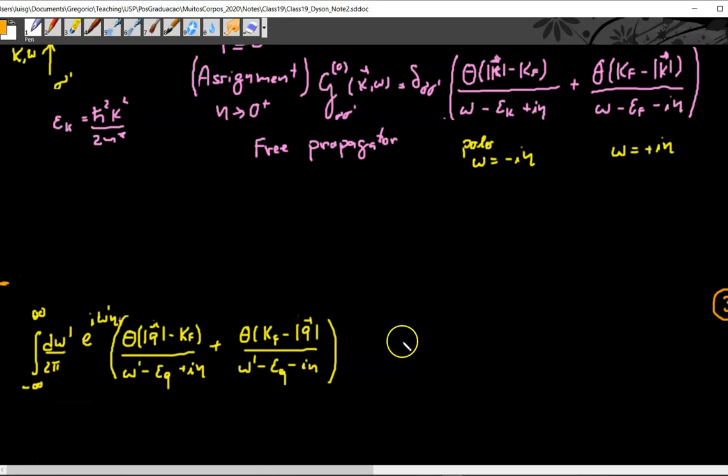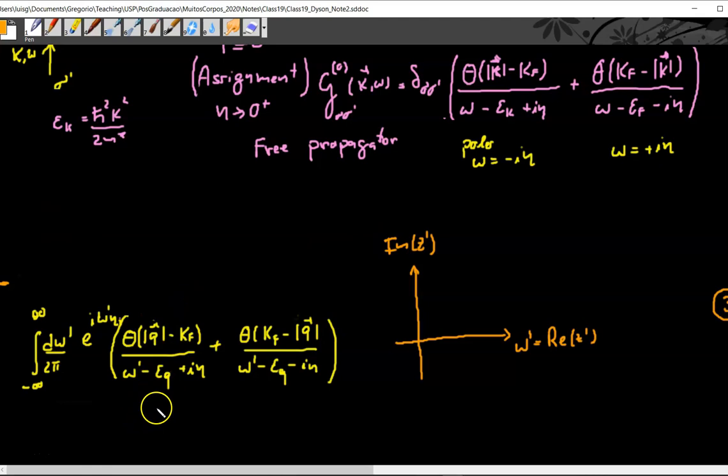So it would be something like this, right? So I have the omega here, or if you want omega prime, it's the real part of a complex number z prime, and I have the imaginary part here of z prime, and I have, of course, these poles here.